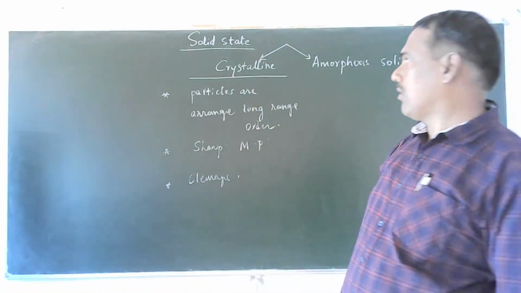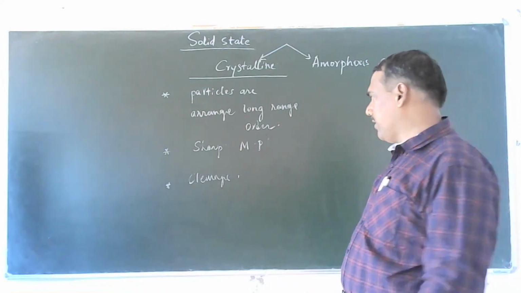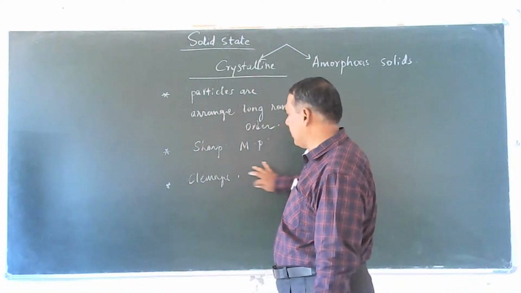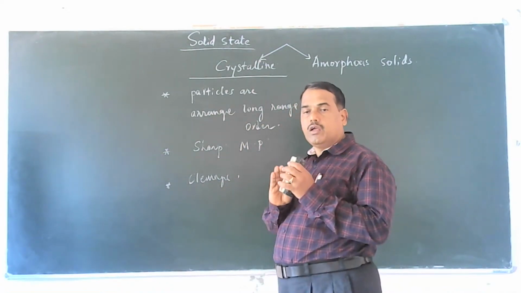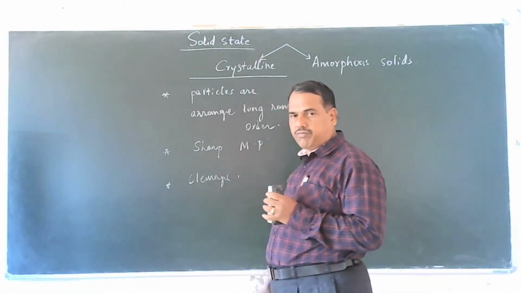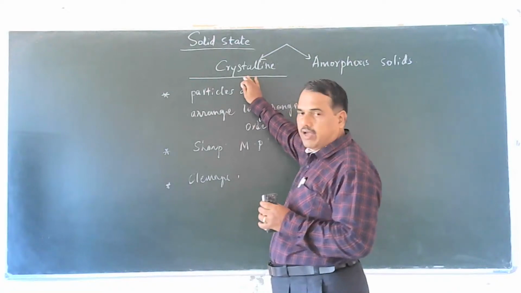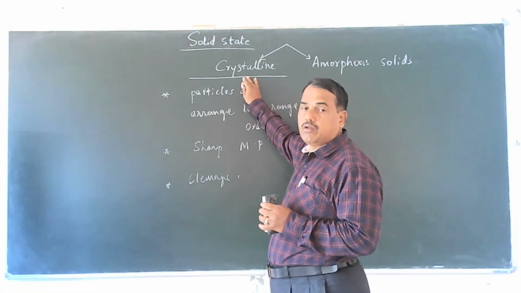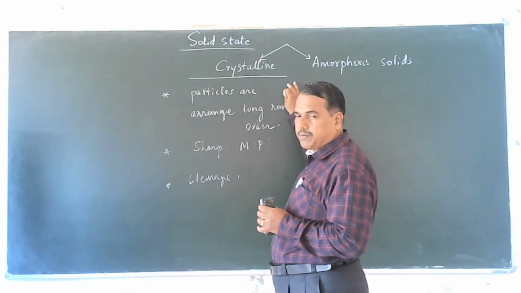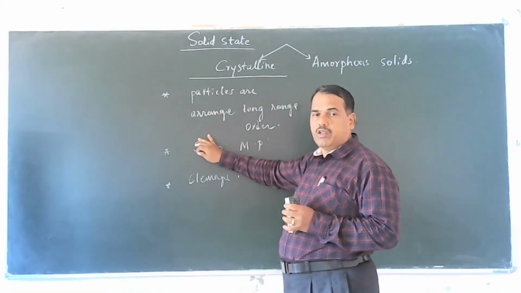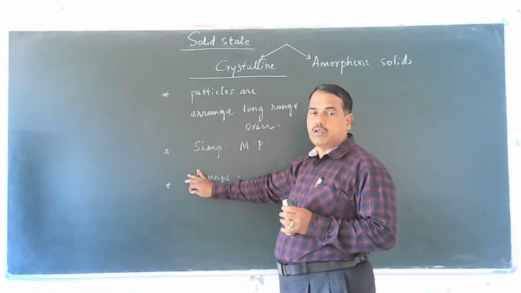Okay, if you go for the next part of a crystalline solid, as it has cleaved and been cut by a knife, it gives a sharp surface. So these are the basic characteristics of a crystalline solid. What is that? It has a long range order, its melting point is sharp, and it has cleavage property.